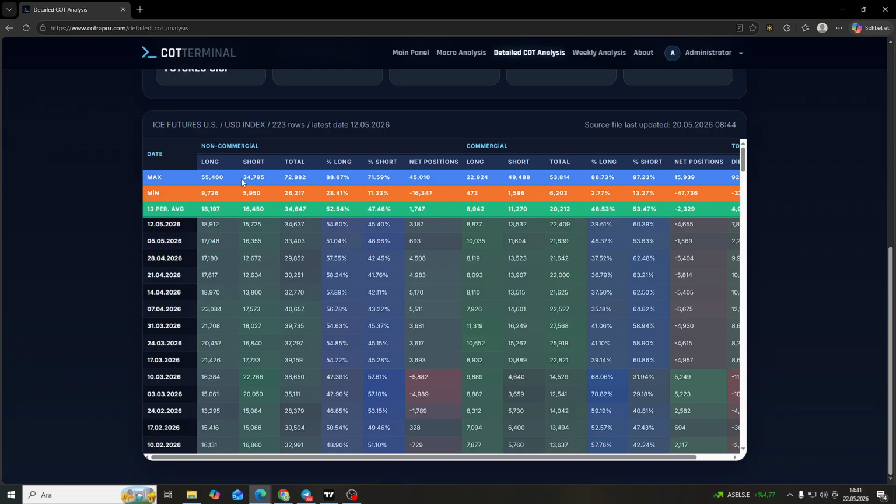There are two meanings: they are profit taking, or they will increase longs massively and we will see new tops. For minimum, it's the same. If you look at contracts for now, it's not minimum, not maximum.